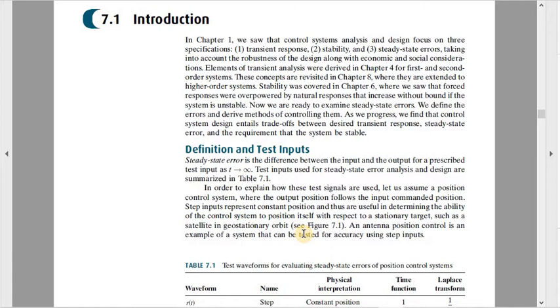Assume that you have a satellite and you want to put it in a particular position in an orbit. The system input represents constant position, so these inputs are useful in determining the ability of the control system to position itself with respect to a stationary target, such as a satellite in geostationary orbit. An antenna position control is an example of a system that can be tested for accuracy using step input.